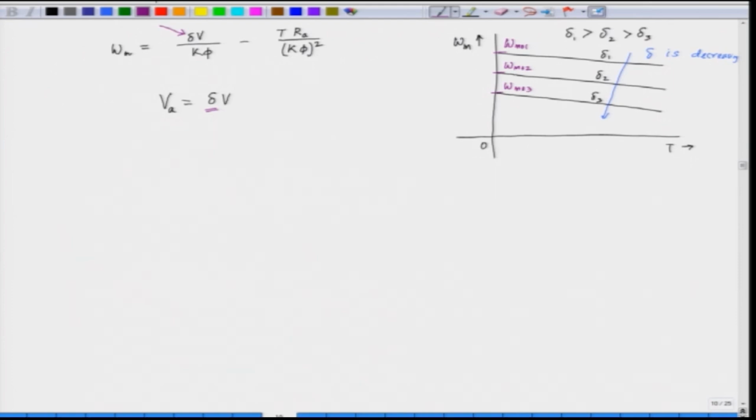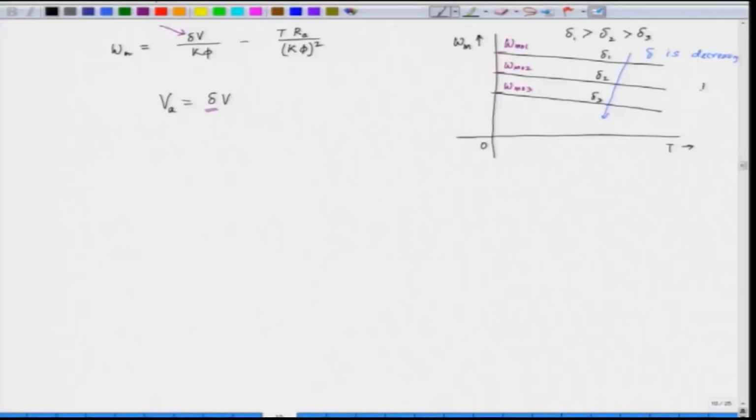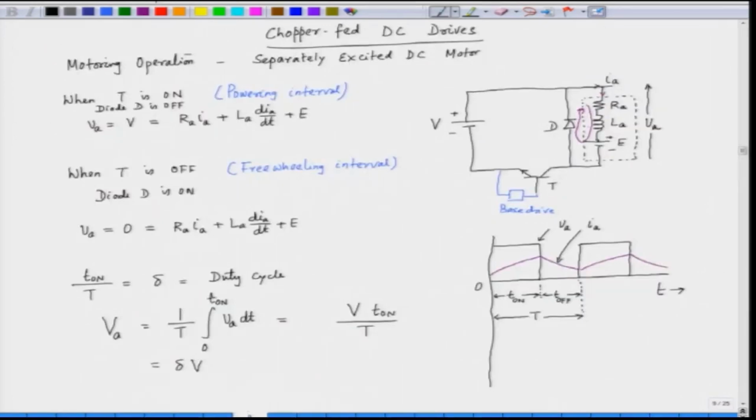Now, this is for motoring operation, and this converter only operates in one quadrant, that is the first quadrant. So, this is quadrant 1, and this converter is operating in the first quadrant only. This is called a one quadrant converter. If you plot in terms of V A and I A, V A is positive here and I A is also positive.